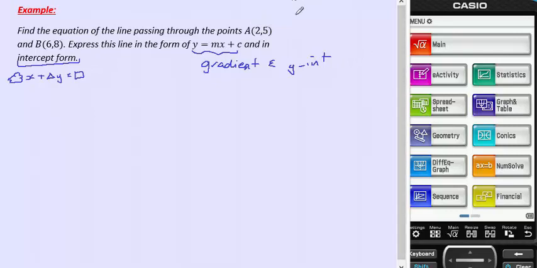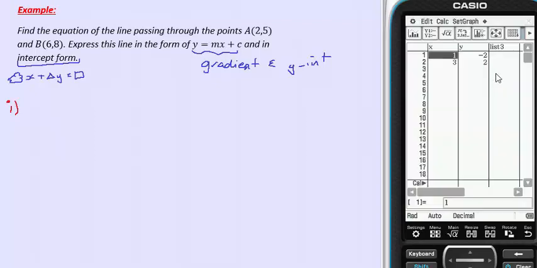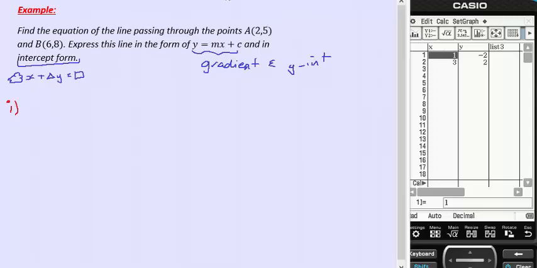So what we can do, first of all, if I want to express it in the first form, I can do two different things. I can work this out any way that I feel. I can actually go to my statistics and remember the core part of this subject, and I can put some points in to x and y. So here, at point A, x equals 2 and y equals 5.